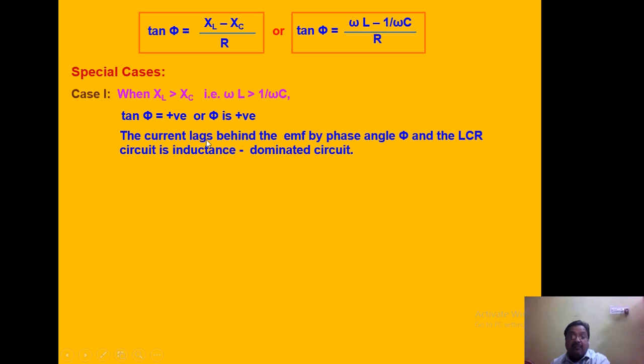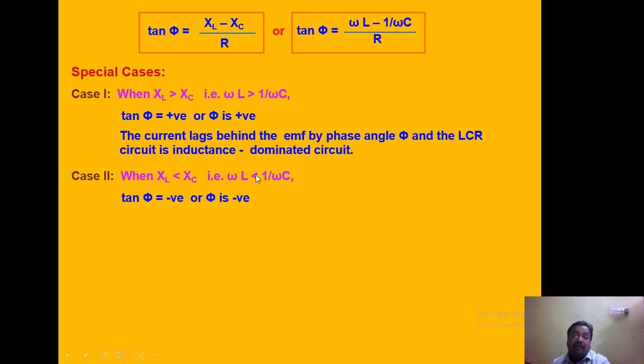So current lags behind the EMF by phase angle phi, and at that time we may say the LCR circuit is an inductance dominated circuit.